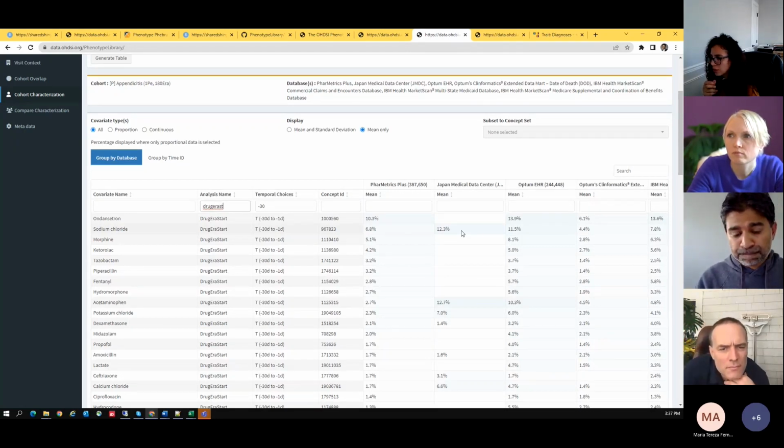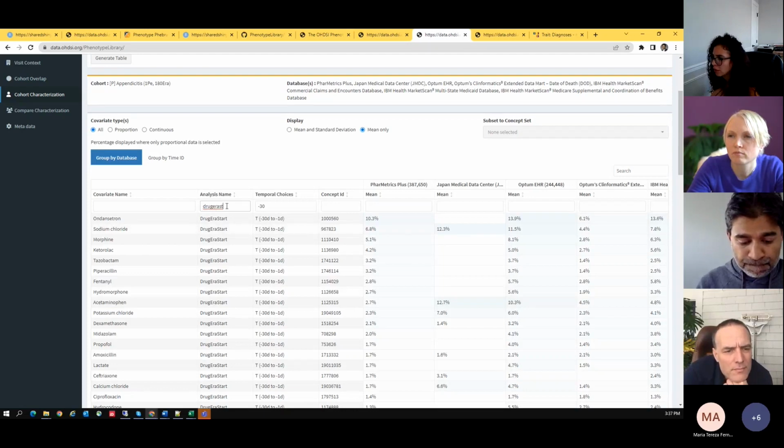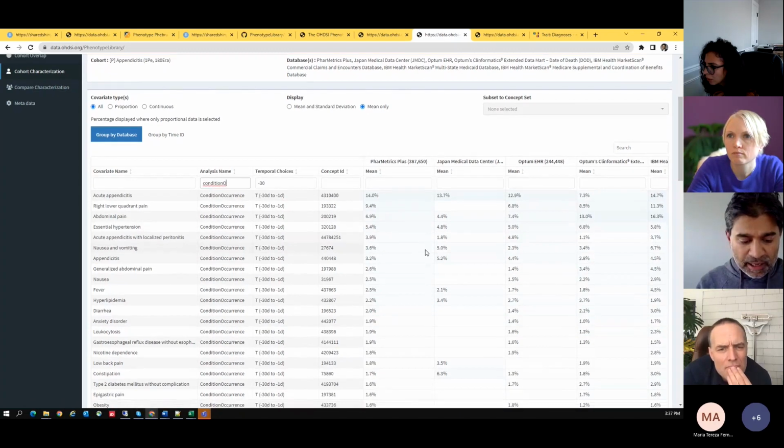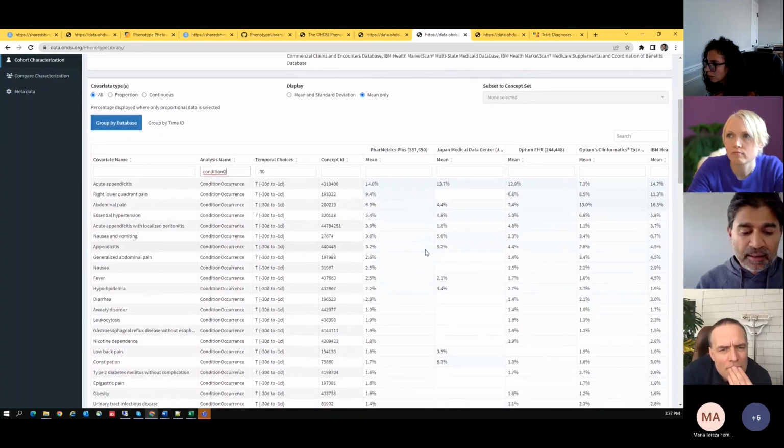Can you look at condition abdominal pain? All codes of pain. Yes, again, in the -30 day window, we have about 10% to 12% right lower quadrant pain before the index date. So there is definitely index date misclassification, at least 10%.